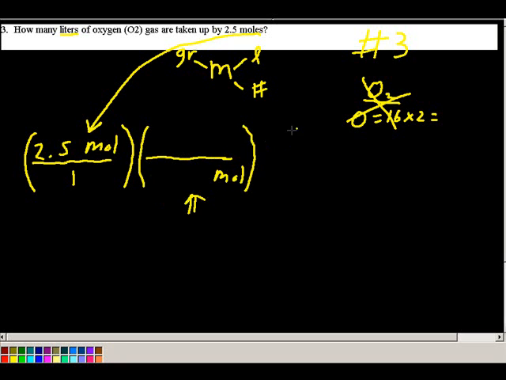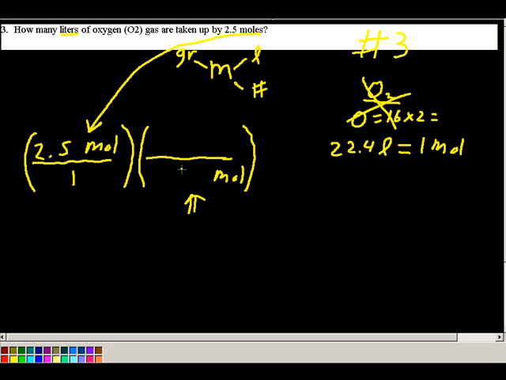But then what's my unit ratio when it comes to gases? My unit ratio is 22.4 liters of any gas will equal 1 mole of material. So if I have 1 mole of O2 or 1 mole of argon, it's going to take up this much volume, no matter what kind of gas it's at.